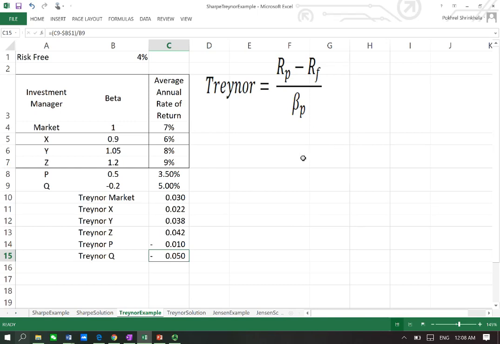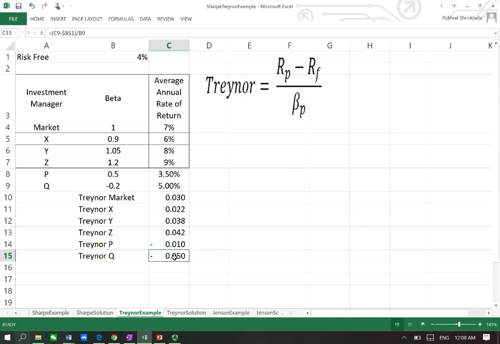So in this case we cannot say, as we said for portfolio P, we quickly said in the case of portfolio P the performance is poor, but in the case of portfolio Q we need to check and ensure how the performance is.